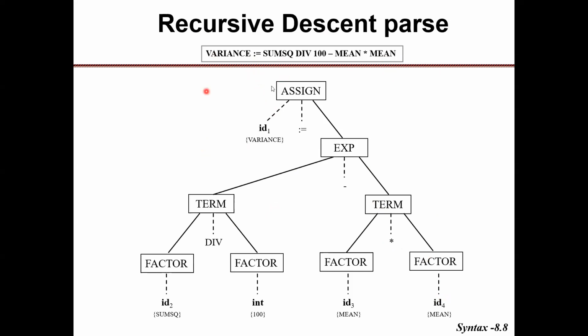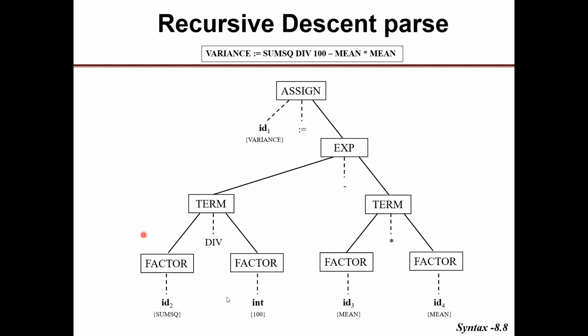So, left to right, leftmost derivation says we had variance, which is an ID, followed by an assign, followed by an expression. The expression must be a term. The term must be a factor, some square. Then do the div with the integer 100.